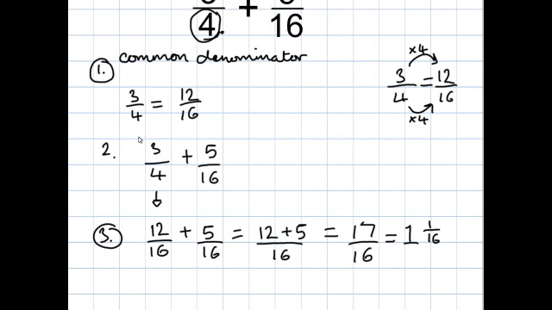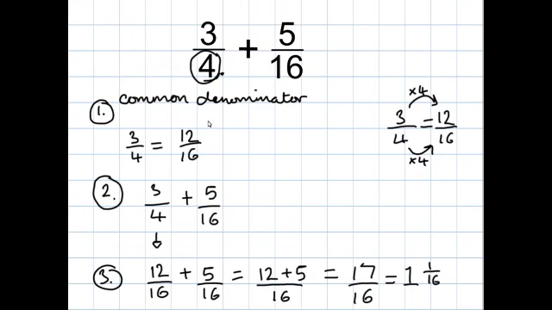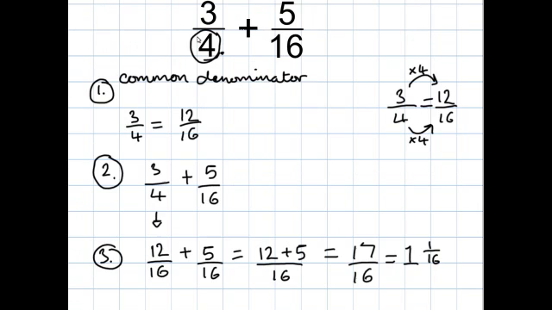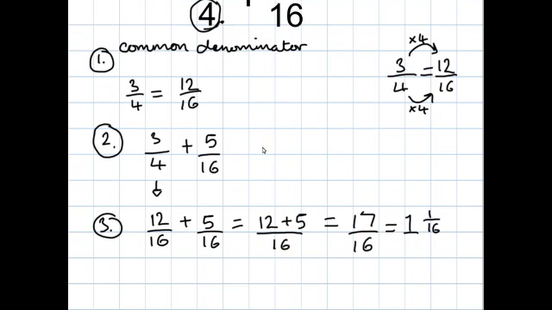So running through those steps again, when we are adding fractions that have different denominators, our first step is we need to identify what the common denominator would be. In this case, the common one would be 16. Our next step is we need to change one or both of the fractions so that they have that denominator. So in this case, we change 3/4 into 12/16.